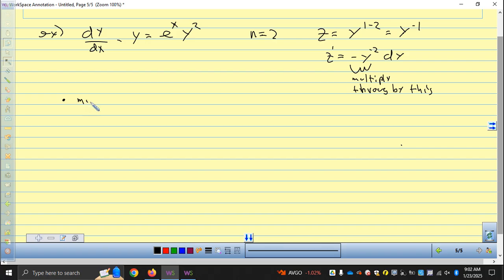So I get negative y to the negative 2 y prime plus y to the negative 2 times y equals negative e to the x.